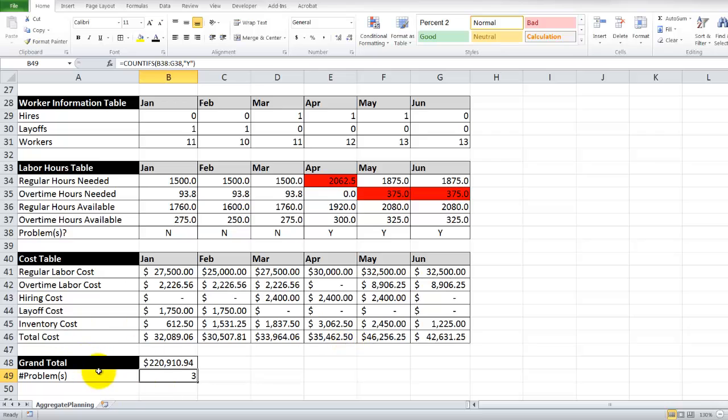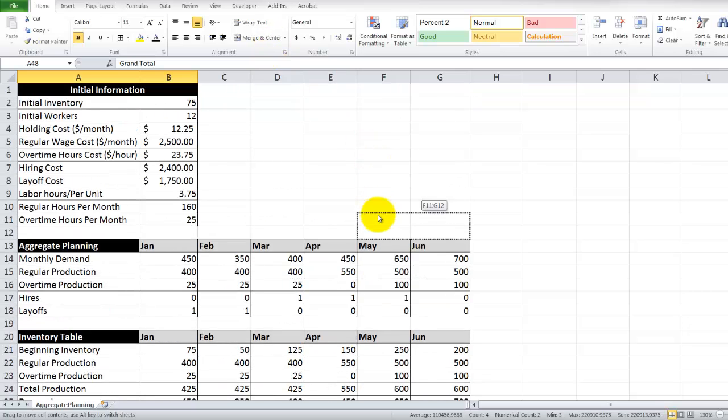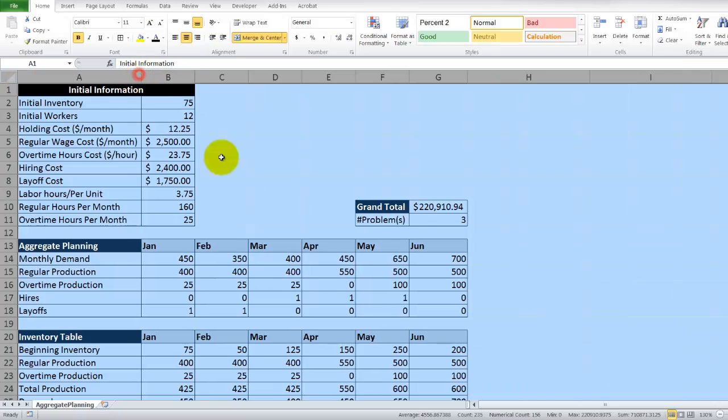So what I might recommend here is actually to either leave this here, but then you're going to be doing a lot of scrolling. I would actually move this to the top. And I'm going to put it right here. I think that's a good enough space for this.